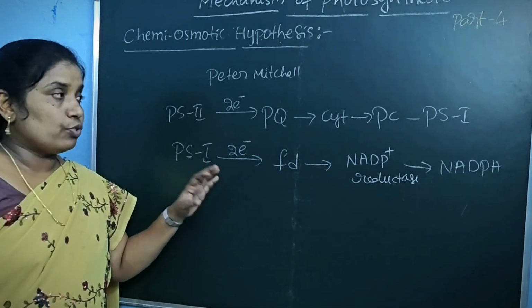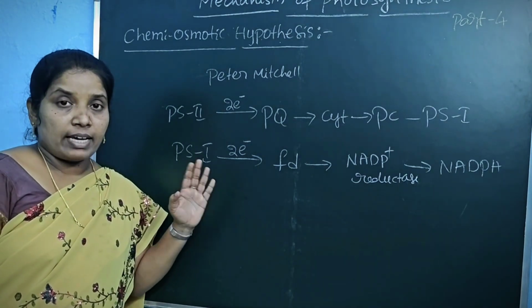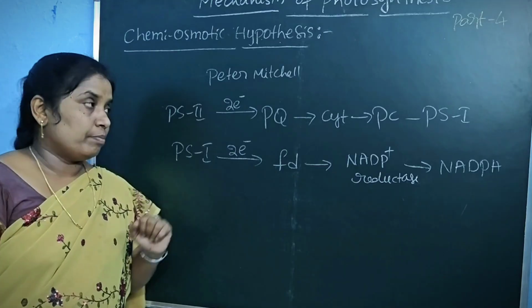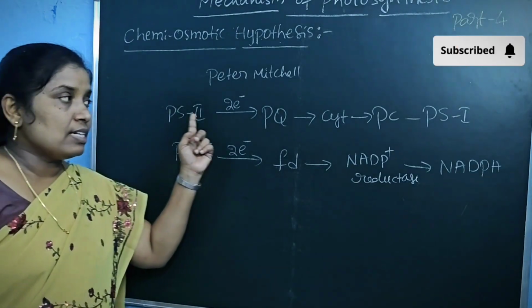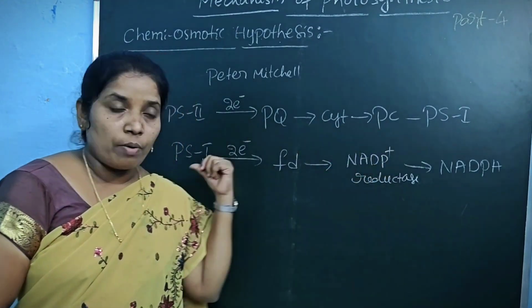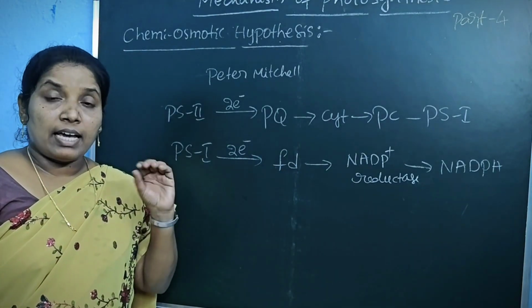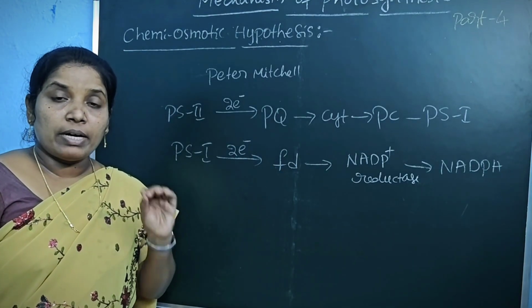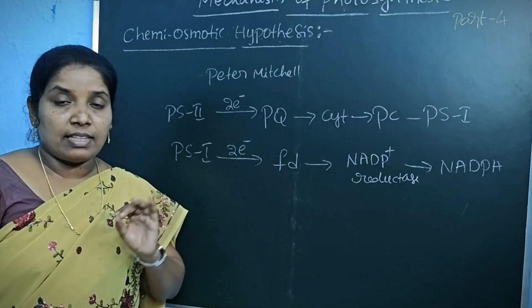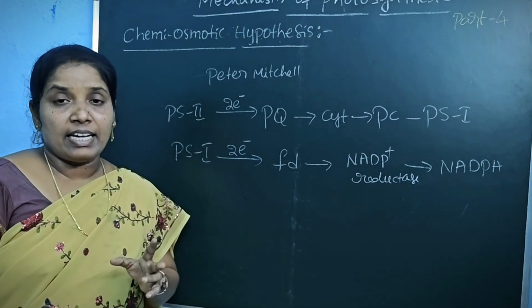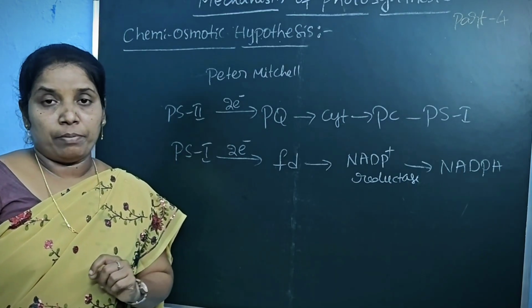So this is what happens in the non-cyclic electron transport chain. While the electrons are passing through these complexes, energy is released. That energy is used by the ATP synthase that facilitates the synthesis of ATP.